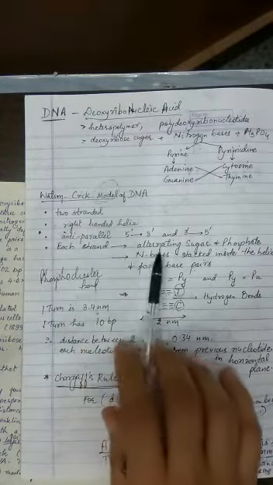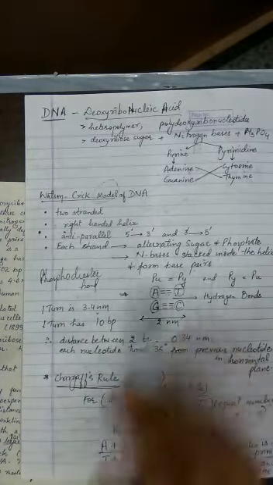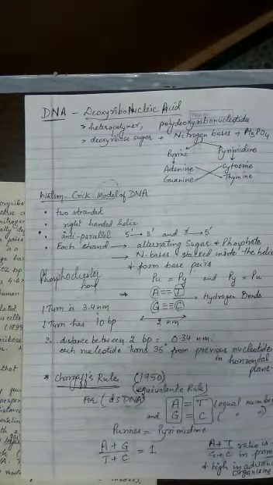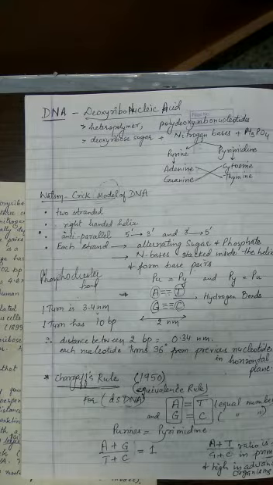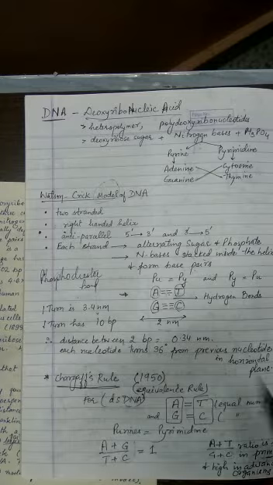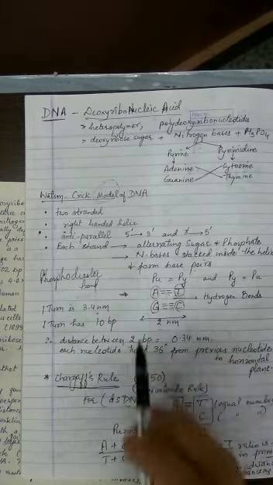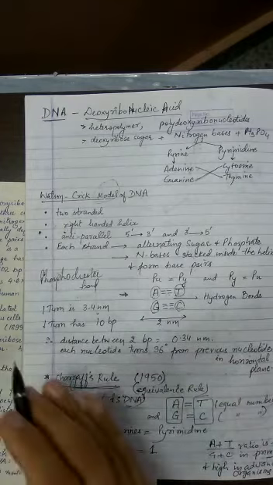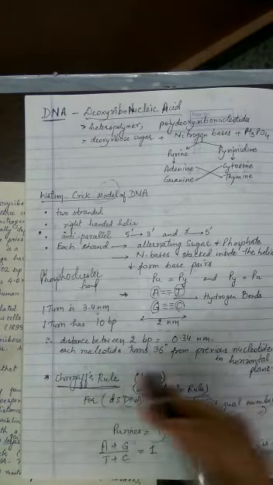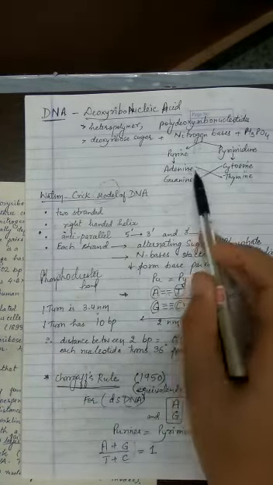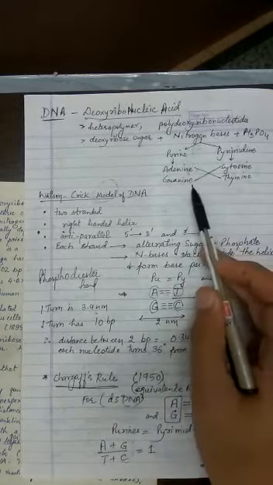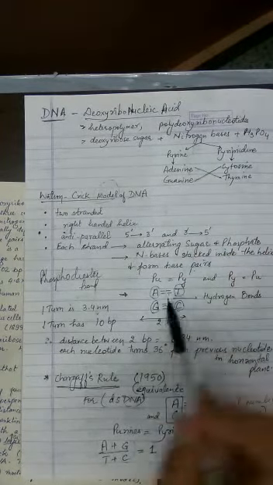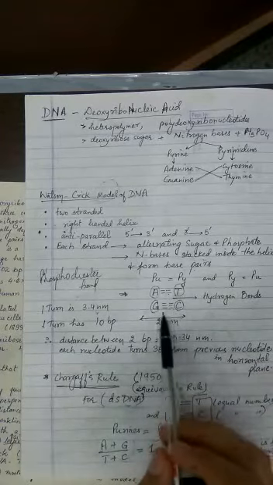Each strand has alternating sugar and phosphate. That's why we learned the number of sugar and phosphate would be equal, and the alternating sugar and phosphates make the backbone. Nitrogen bases are stacked inside the helix in a perpendicular manner to form base pairs, because whenever there is one base here, the other strand will have a base just opposite to it, following this rule: A will face T and G will face C with double hydrogen bonds, or otherwise triple hydrogen bonds.